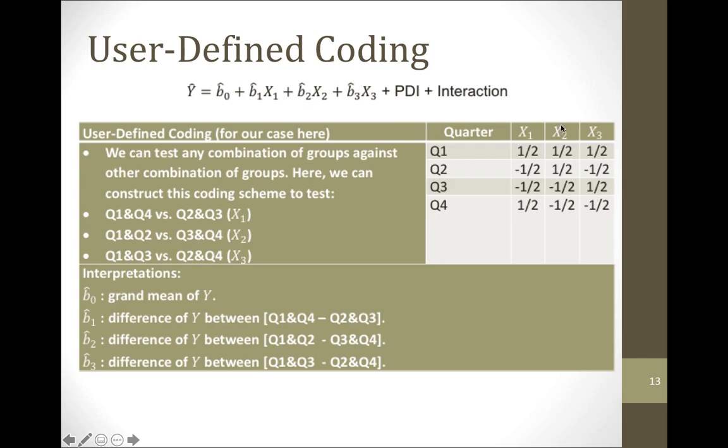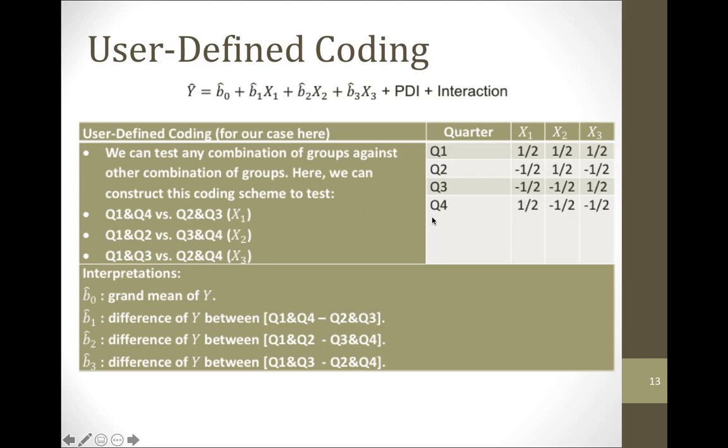Actually, if you just put zeros in the X2 and X3 columns, R will give you a regression model that treats the quarter as a two-level predictor. In that case, it will be identical to the result we talk about later. So just keep that in mind.